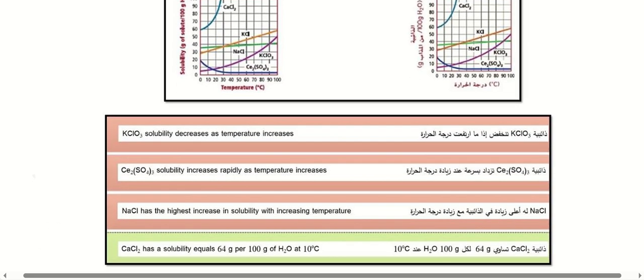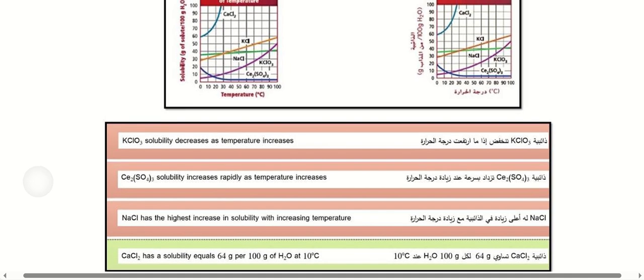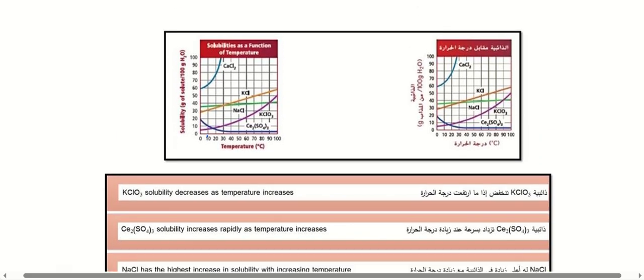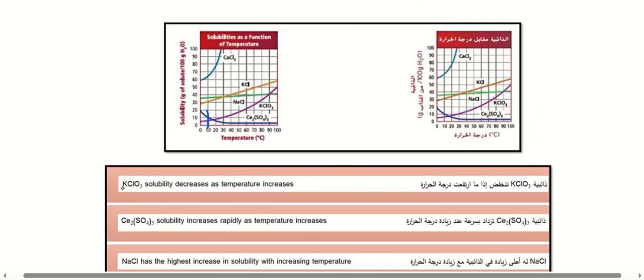They can ask you to get from the graph. So here the answer is calcium chloride had the solubility of 64 at 10 degrees. I don't see the question, but you go to 10 and rise up, so you have to know how to use the curve. For example, they can ask what will be the solubility of sodium chloride at 60 degrees. What are we going to do?